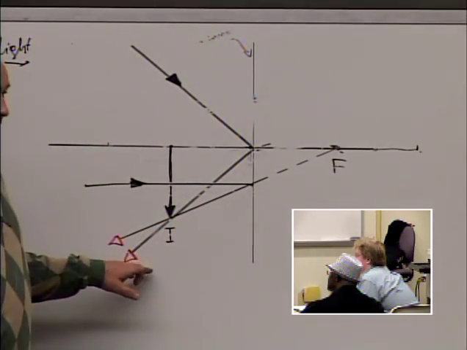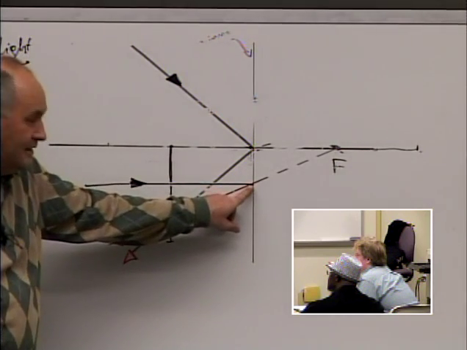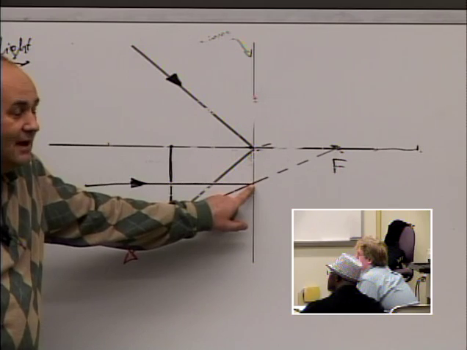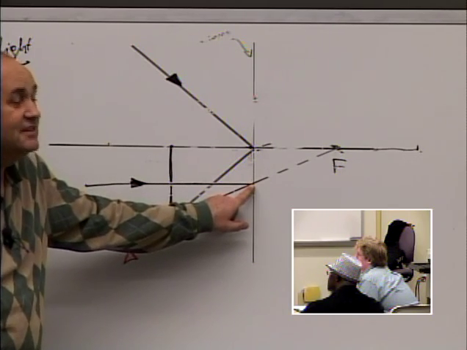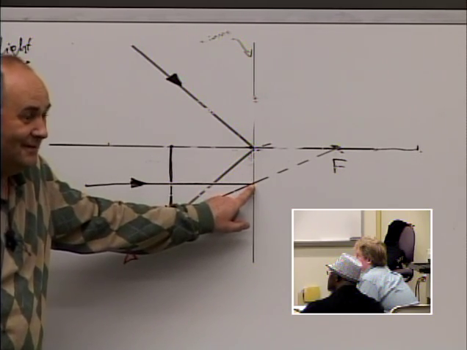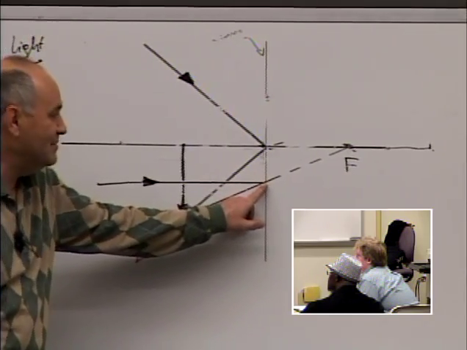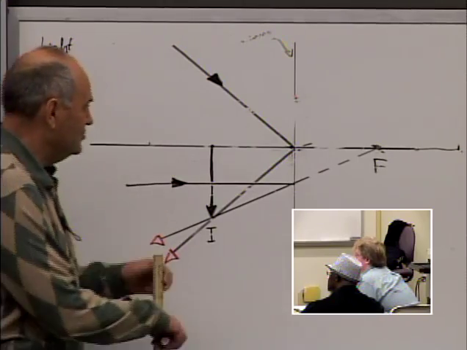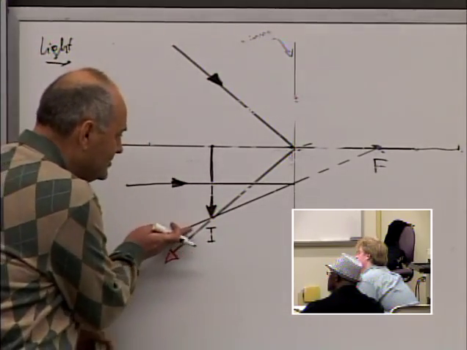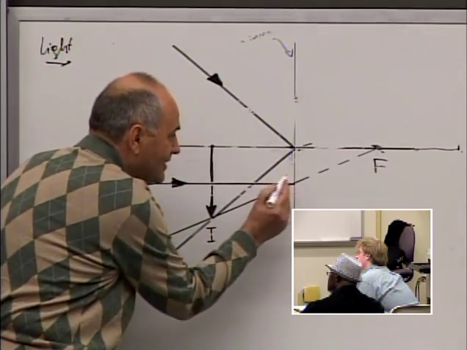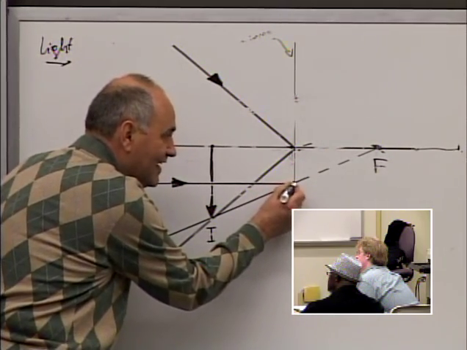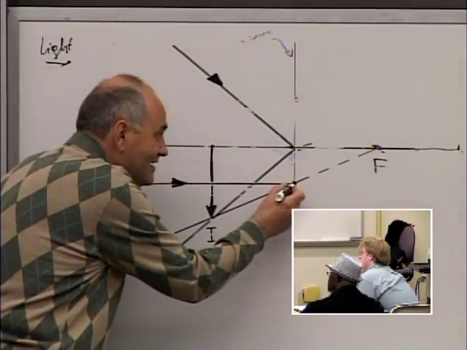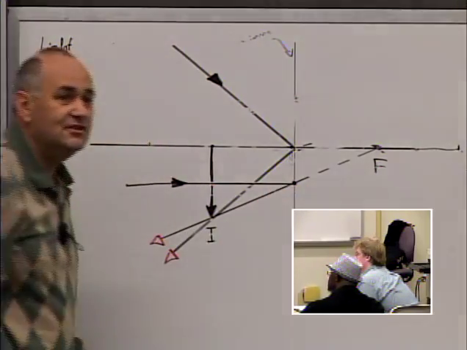The object parallel ray, when it hits the mirror, turns into the focal ray, so the image focal ray. It means that it has to hit the mirror at what location? The same location as where the image focal ray is coming out. So when we had this image focal ray, we saw that it is reflected at this point, which means that the parallel ray has to hit the mirror at this point.